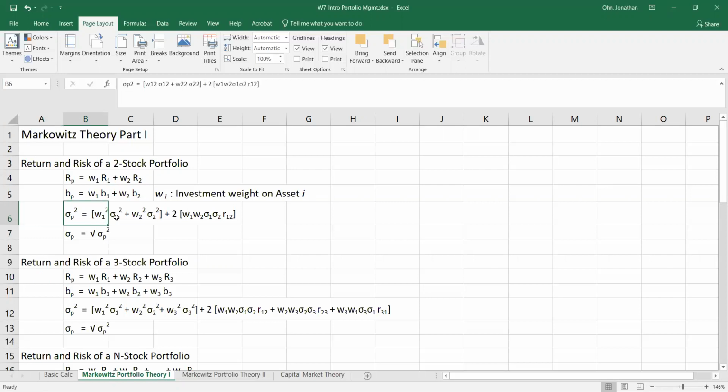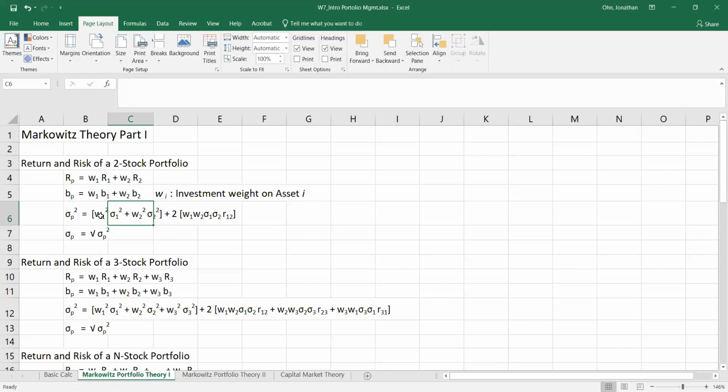W1 squared, sigma 1 squared, plus W2 squared, sigma 2 squared, plus 2 W1, W2, sigma 1, sigma 2 times R12. R12 is the correlation coefficient, right? The risk, the standard deviation, is the square root of this variance. So this is variance.